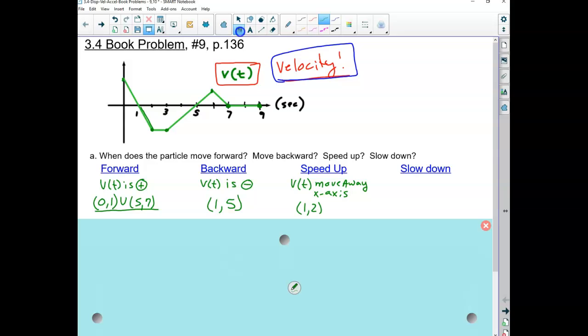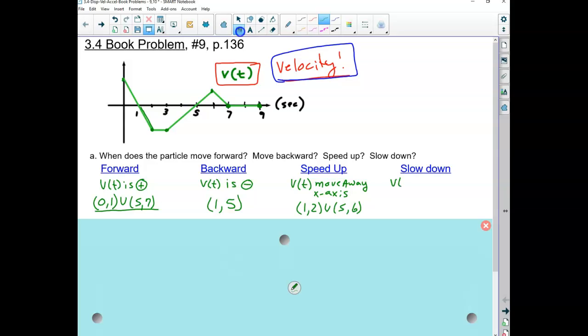My velocity is just constant there. Then from 3 to 5, I'm going towards it, so I must be slowing down there. But from 5 to 6, I'm moving away from it. Then I move back towards it, so I must be slowing down again. And then I'm constantly at rest there because my velocity is 0. So these are the two intervals when I speed up.